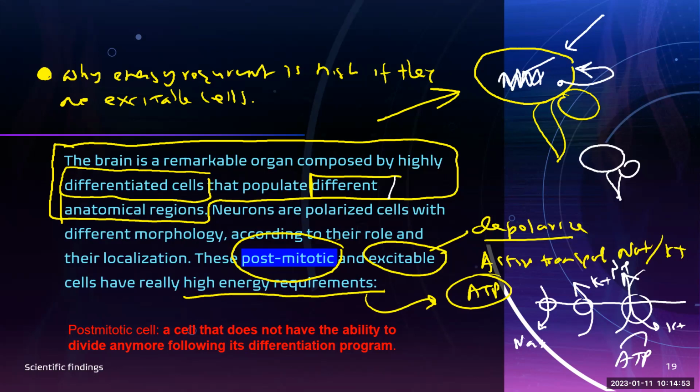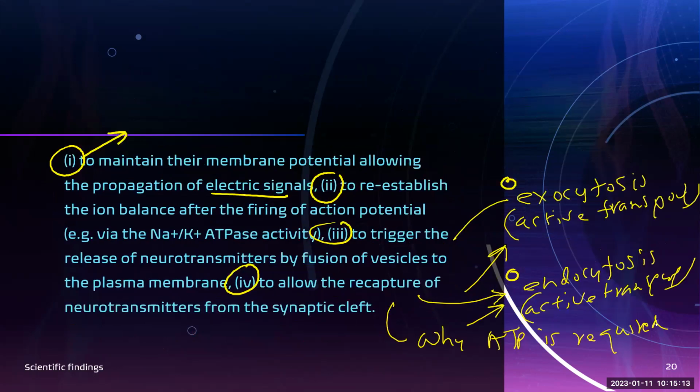You can mention that the sodium potassium ATPase pump is continuously working to maintain the resting membrane potential. In addition to that, excitation, depolarization and repolarization, to open up some transporters, can also use ATP, and exocytosis also needs ATP.